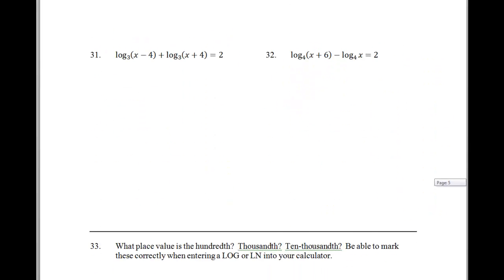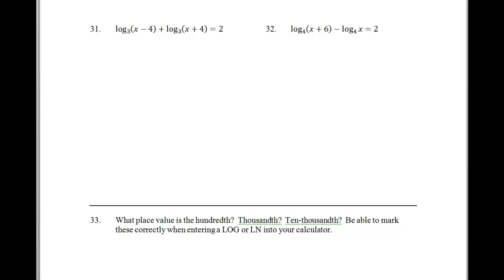All right, 3 more problems on this page. Really, 2 more problems and a warning to you. So here we have another situation where we have another plus, so what we're going to do is put these together using the log properties. If you put this and this together, it adds, so let's rock this out as, in a bracket, x minus 4 in parentheses and x plus 4 in parentheses.